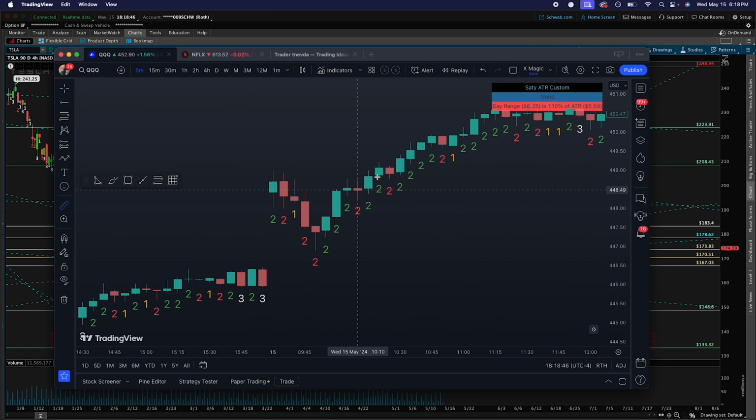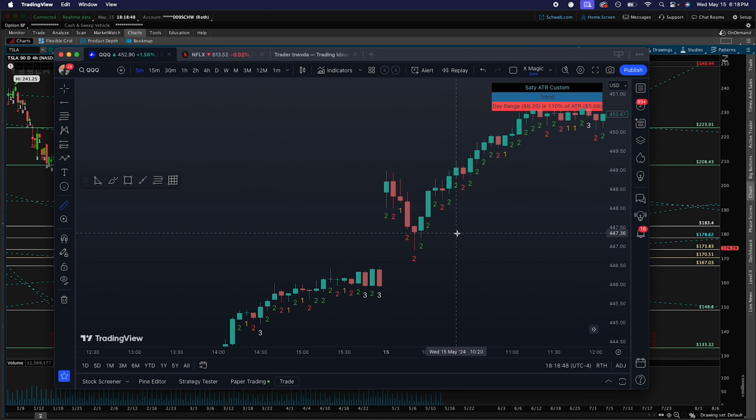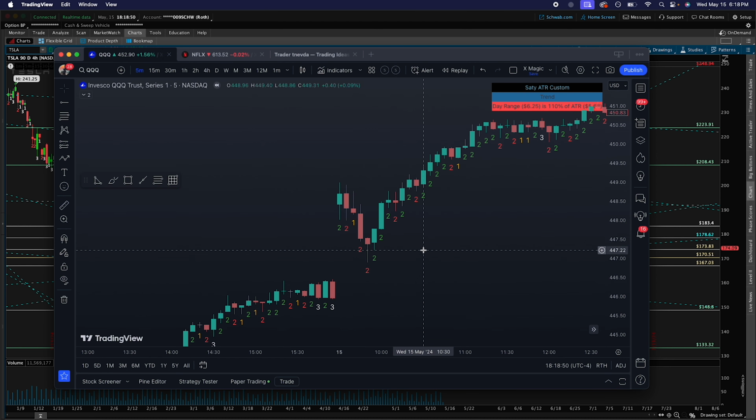QQQ didn't have a W, but it did have a TTO for those who trade the strat. So we had a push up, and we're obviously bullish because we triggered on the daily, 4 hour, etc., and the 1 hour. We got the pullback, and then you go long off this 2 down, 2 up, and then you just take it up.